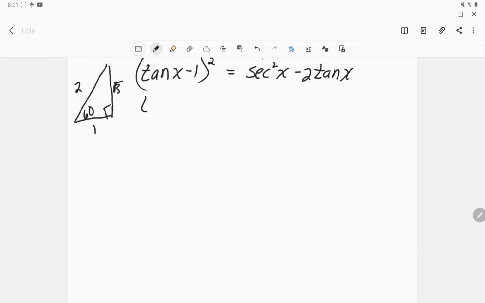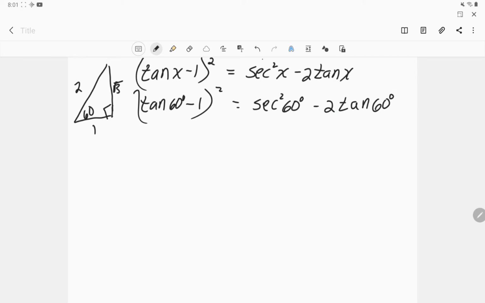So this is actually tan of 60 degrees minus 1 squared is equal to secant squared of 60 degrees minus 2 times tan of 60 degrees. Now, I wouldn't even bother to write that line out. I'm just doing that so that you can see what I'm doing.